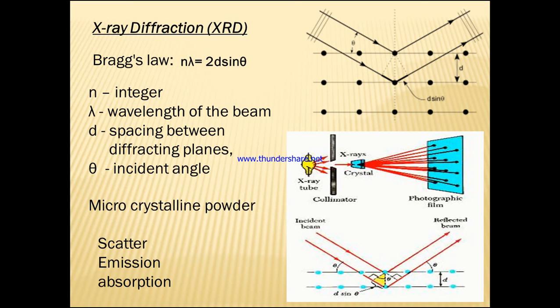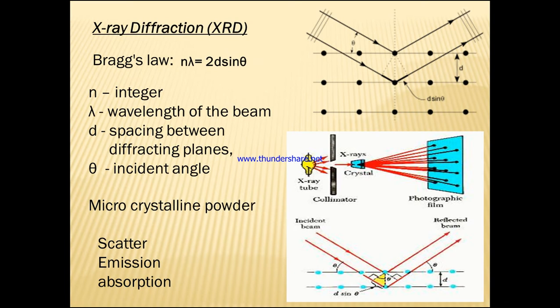Crystalline atoms cause a beam of incident rays to diffract into many specific directions. So when an X-ray falls on a crystal material, the X-rays are diffracted into many specific directions, as we can see in the figure here. After hitting the crystal material, we see the diffraction or reflection of the X-rays in different directions.